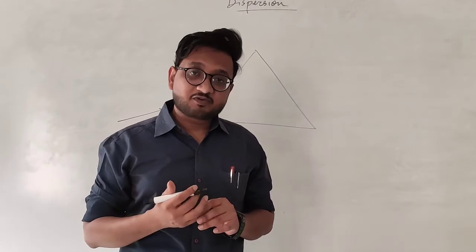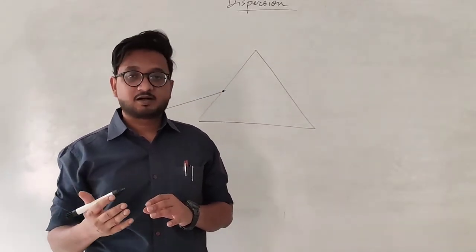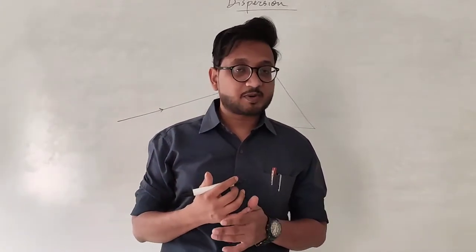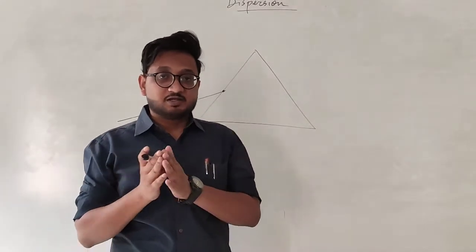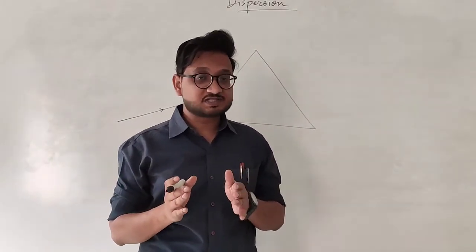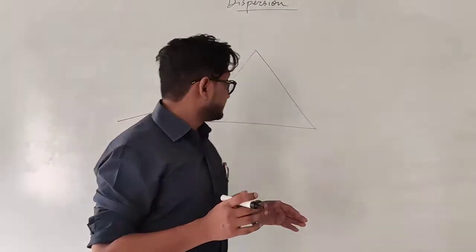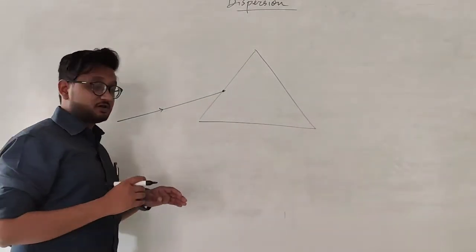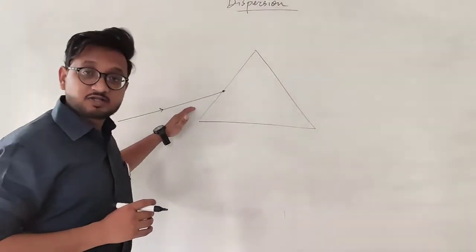We studied about wavelength in 9th standard when we talked about the sound chapter. Sounds of different wavelengths have different frequencies, that we studied. Similarly, the same thing is happening over here.